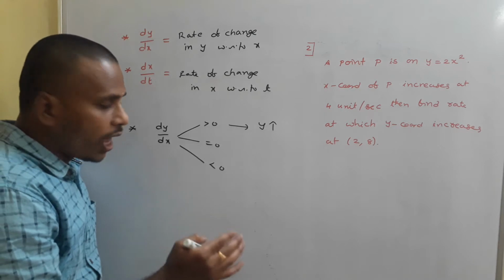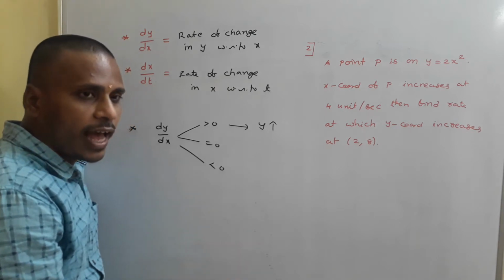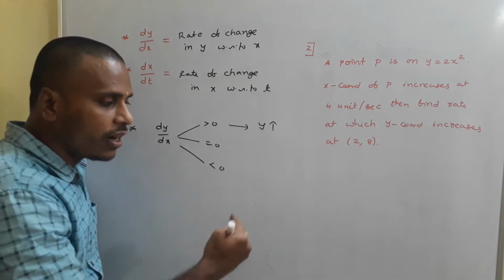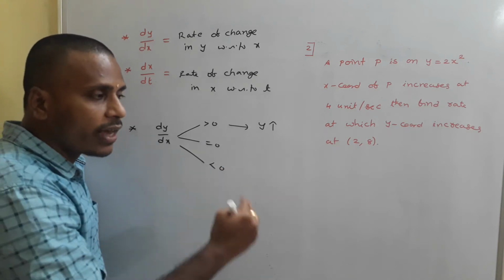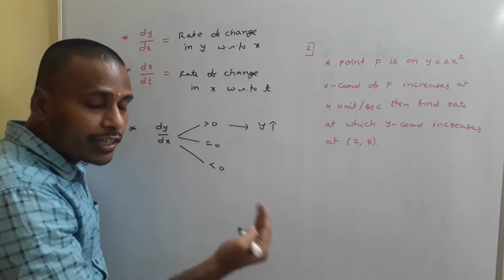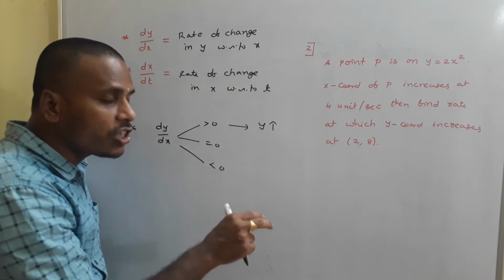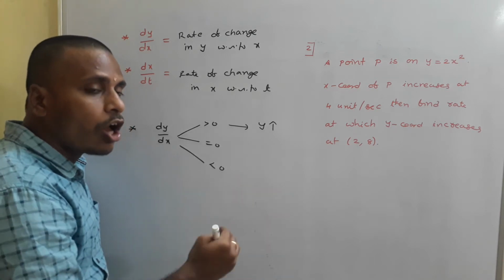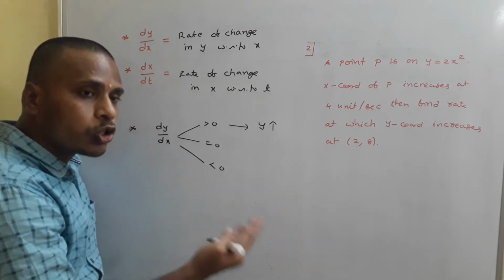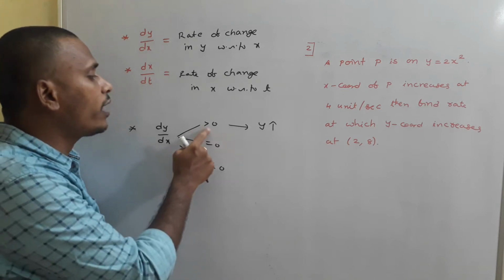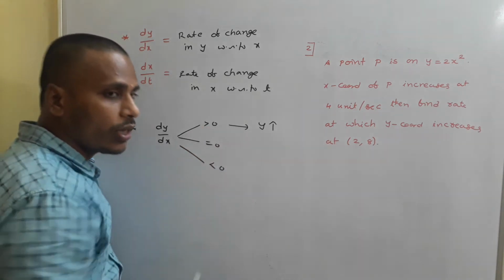Always, as we are discussing differentiation and calculus, we treat x in an increasing manner. Always x values will increase, and based on that x, we analyze the change in y. Along with the increase of x, if y also increases, then you get dy by dx as a positive quantity, and we say that y is increasing.